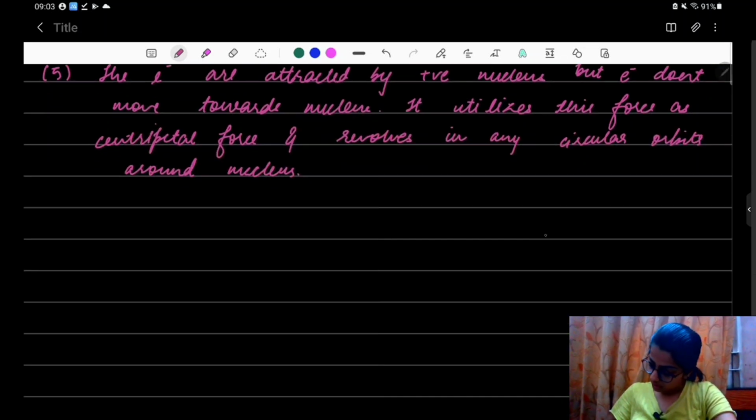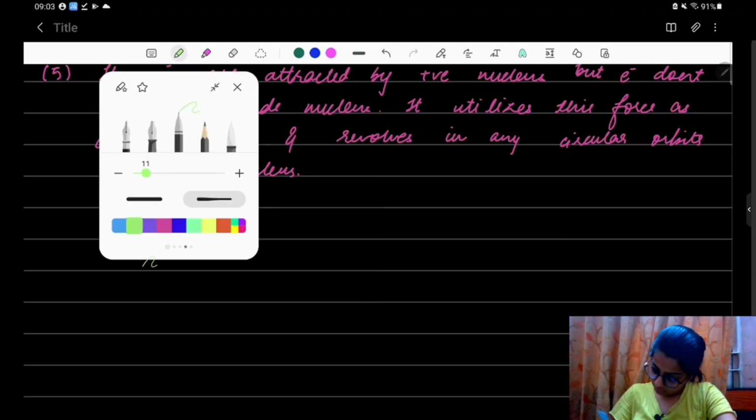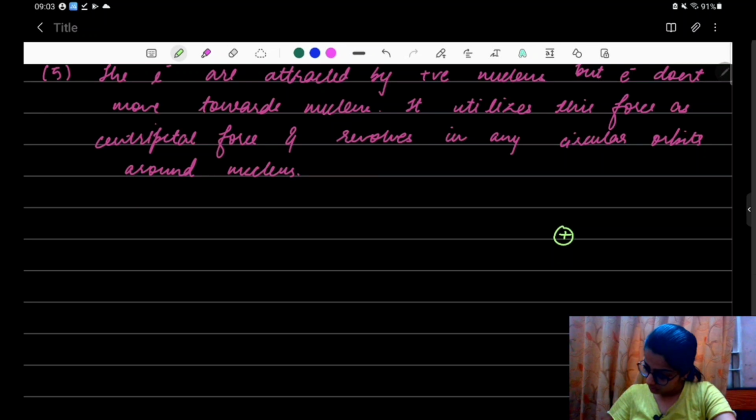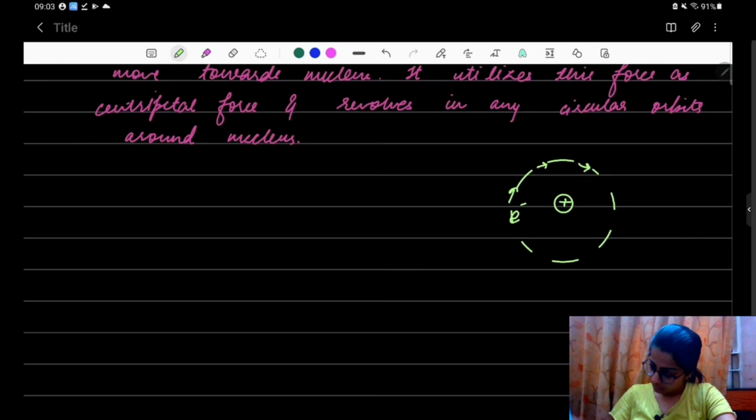Let's say this is nucleus, and this is the path of electron. So the electron moves around the nucleus, but it is not moving towards the nucleus.